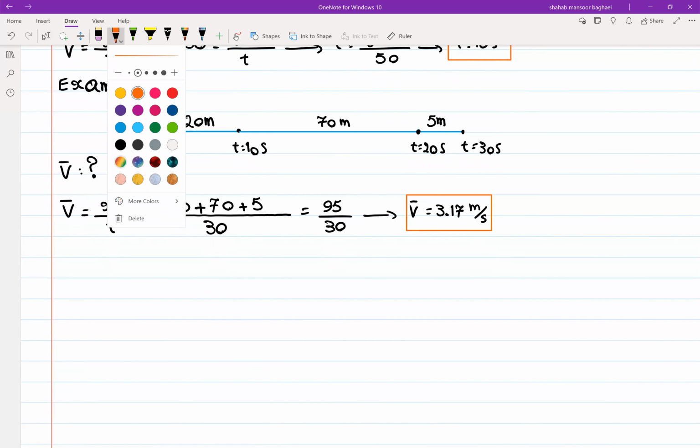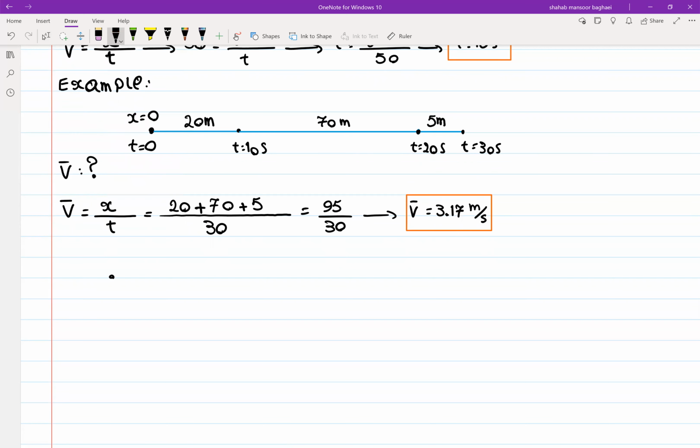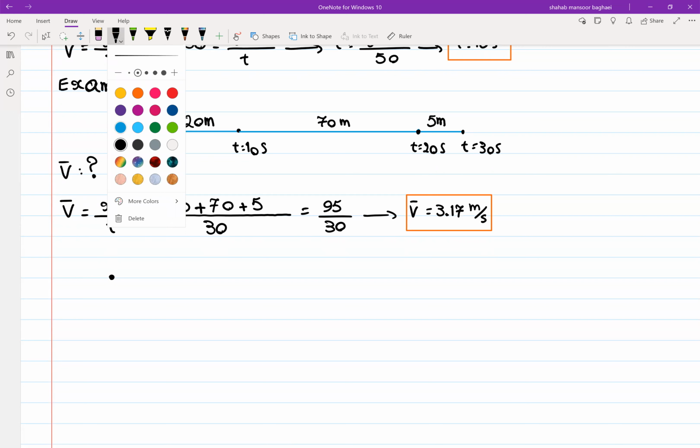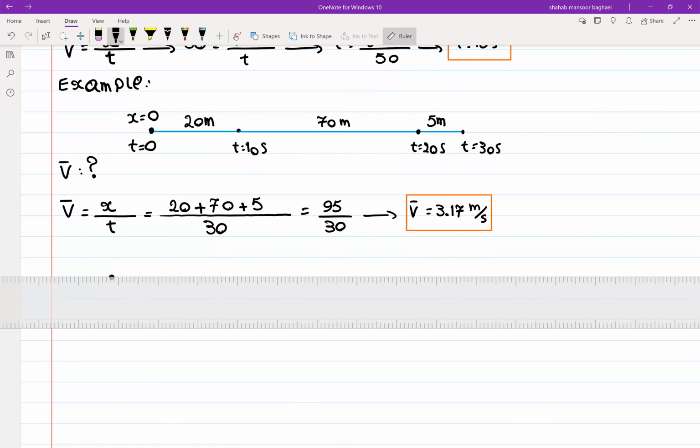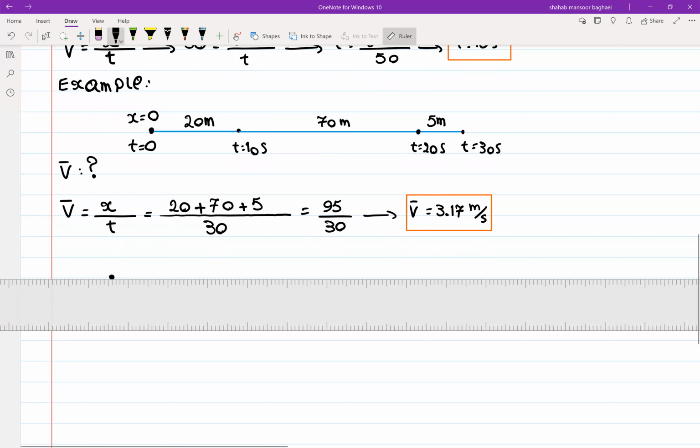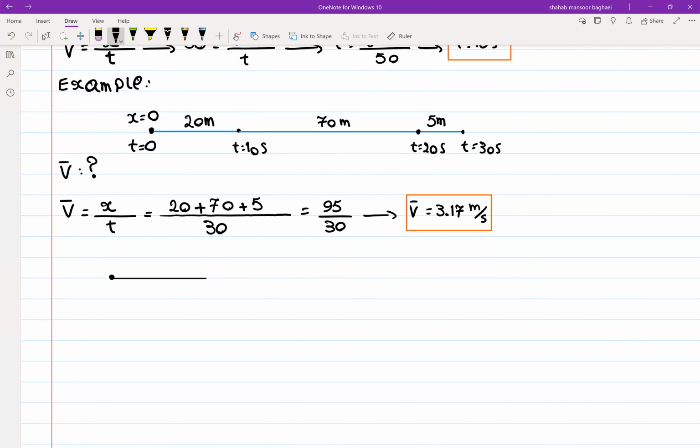Let me give you this example here. Look at this figure. For example, this is your particle for the first step. For example, the first time interval, 0 seconds. Of course, t equals 0 seconds at the beginning and x equals 0. At t equals 1 second, x is, for example, 2 meters.